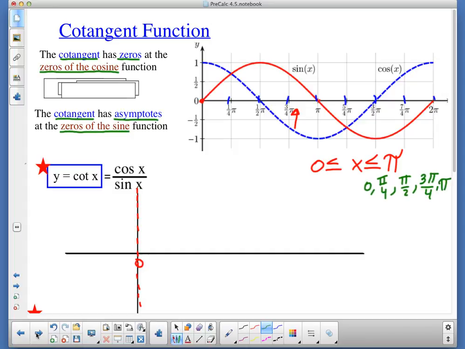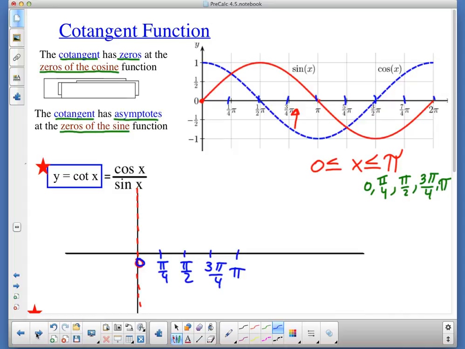Okay, so we've got 0, and we're going to break this up: pi over 4, pi over 2, 3 pi over 4, pi.